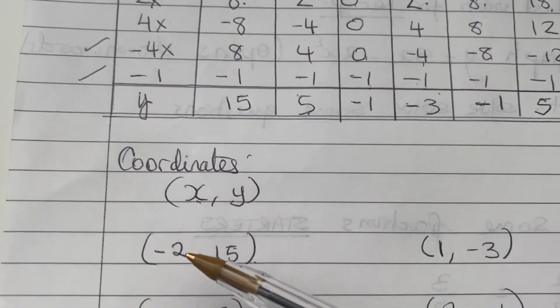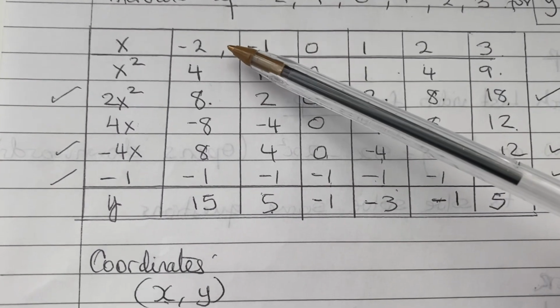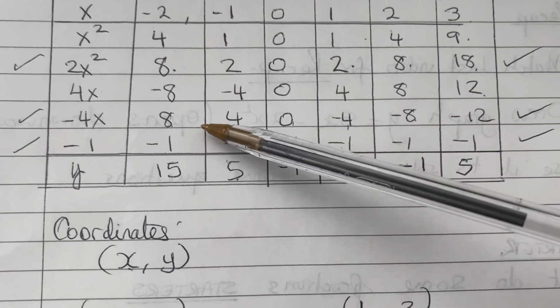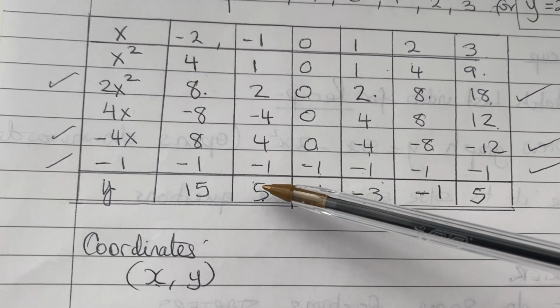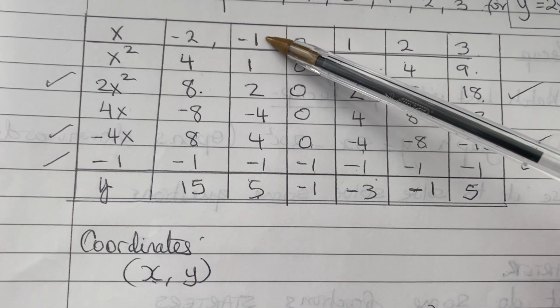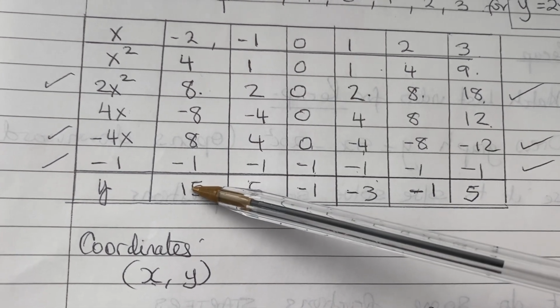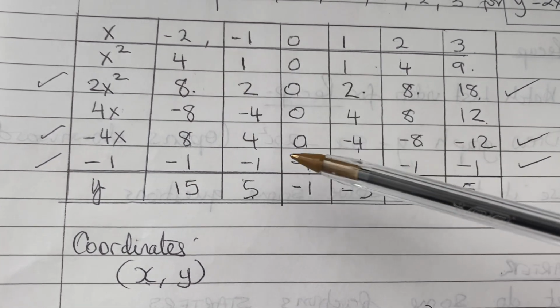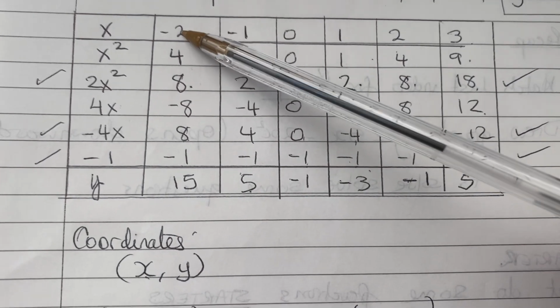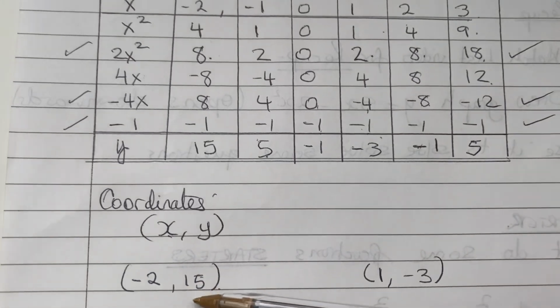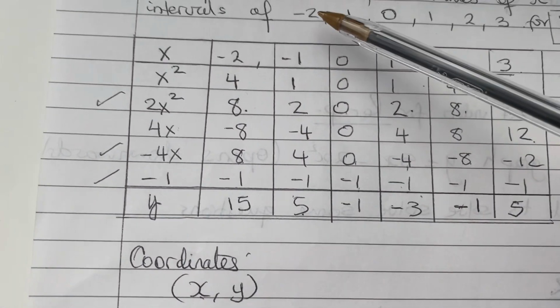So we are going to write the coordinates out. I said you don't want to have minus 2 and 15 or minus 1 and 5 floating around, because some students get muddled up. So minus 2, 15, you write it down.